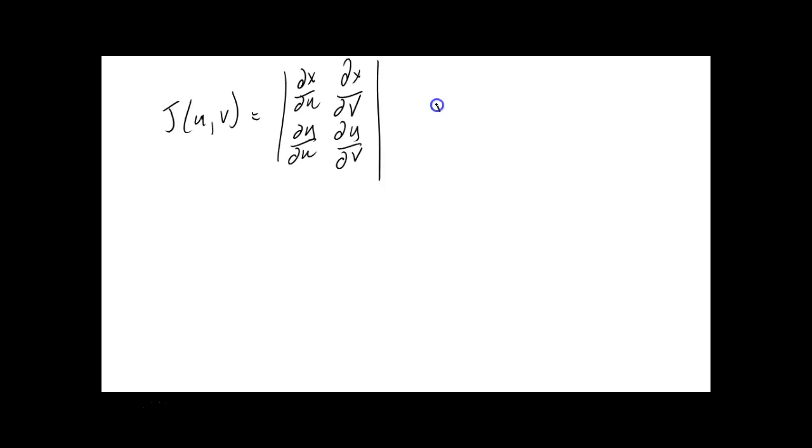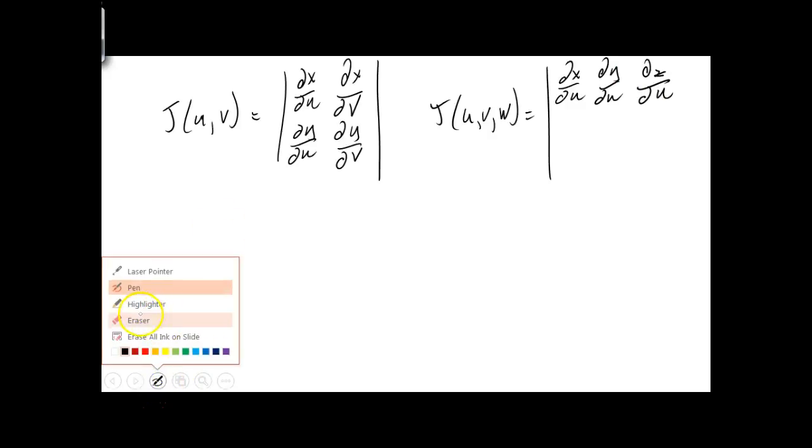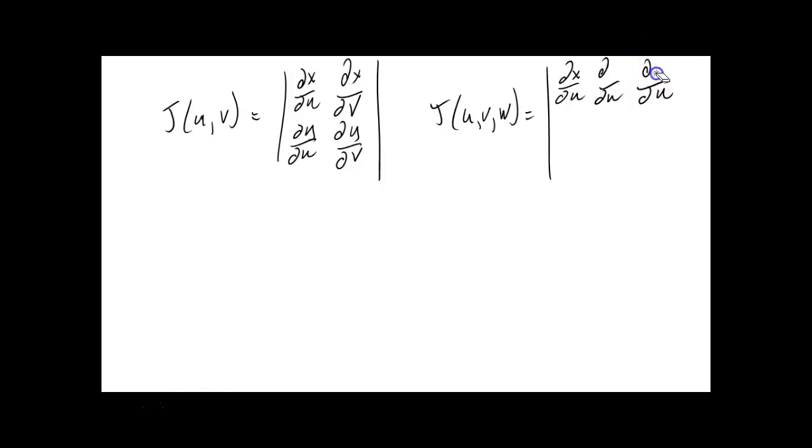In 3 dimensions, that Jacobian, u, v, and w, will be the determinant of partial of x with respect to u, partial of y with respect to u, partial of z with respect to u. No, I did it wrong. Sorry, wait, ignore that. Okay.